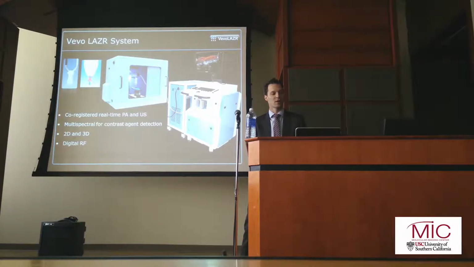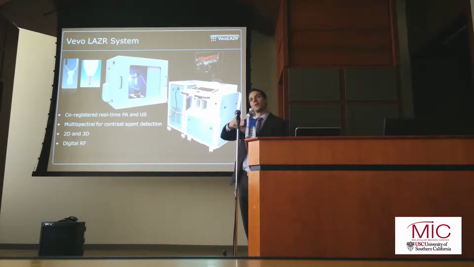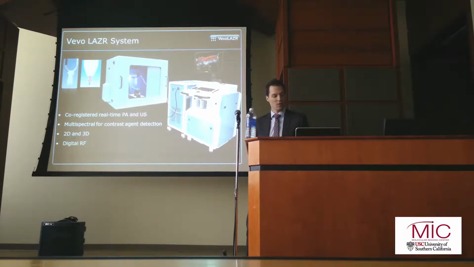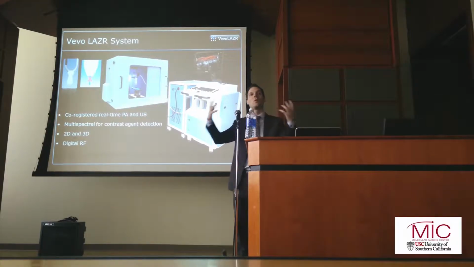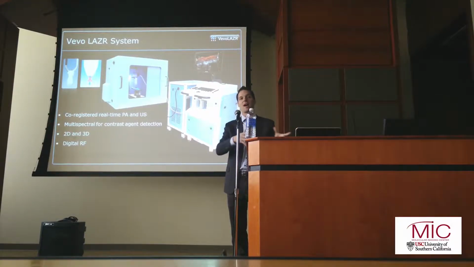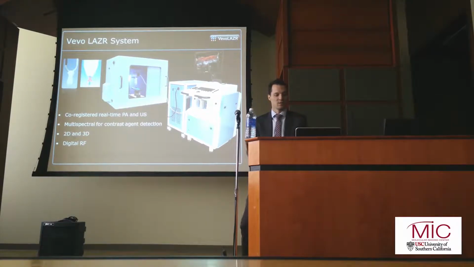There's a 3D motor here, so we can collect 3D volumes by collecting slices and stacking them together. And that whole enclosure is so that you don't need a dedicated room to run this system. You can have it in your room beside your other equipment, and your coworkers don't have to wear safety goggles and that kind of thing.